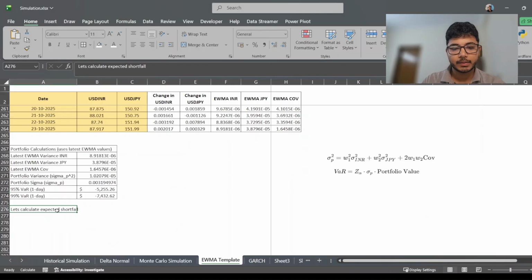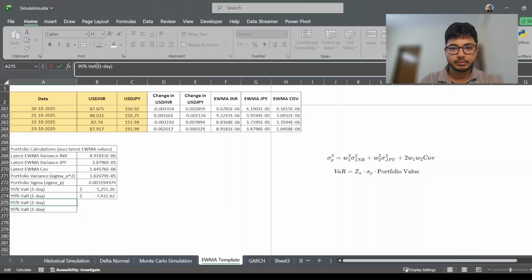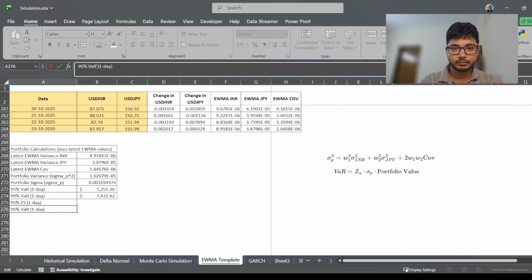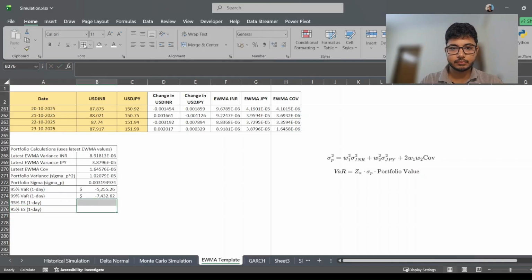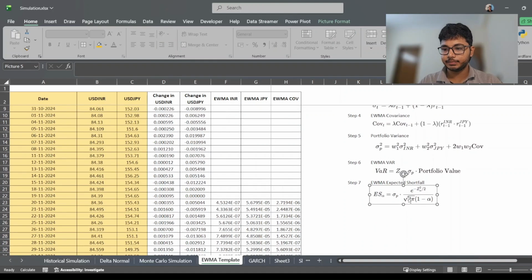Now we can also calculate the expected shortfall. So we have the formula for expected shortfall as below.